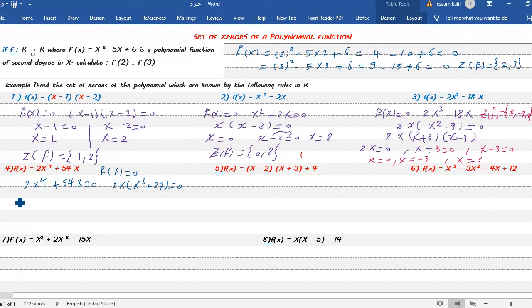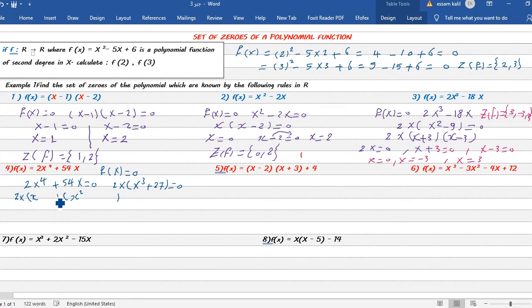نعمل factorization يبقى then 2x open 2 brackets smallest brackets and greatest brackets because x power 3 plus 27 is the sum of the two cubes يبقى then factorization يبقى x and x power 2.